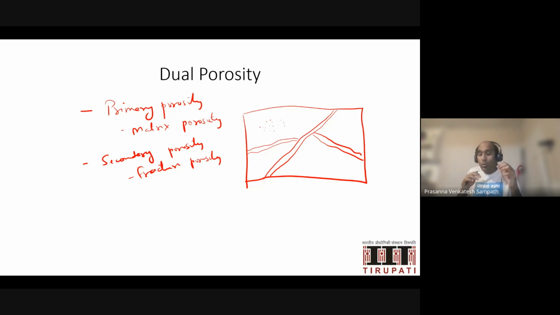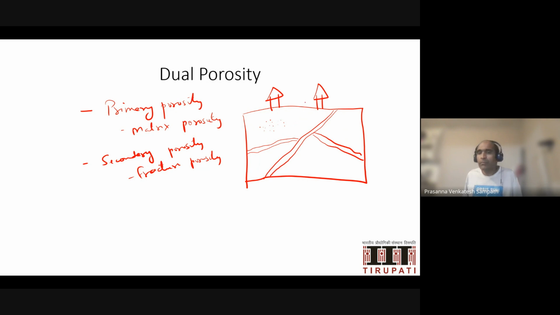Now, what happens is these fractures, as I said, will also hold water, in addition to the water held by the rock, which is very insignificant. So when you drill a well into a fractured rock, just imagine this. Suppose I have my house over here, and my neighbor is living over here.